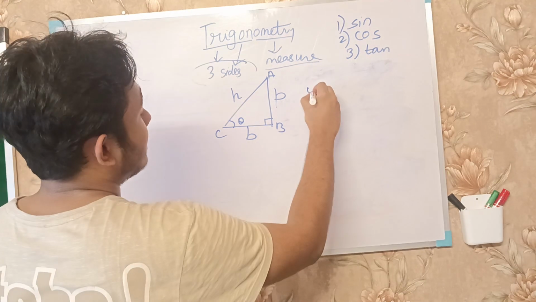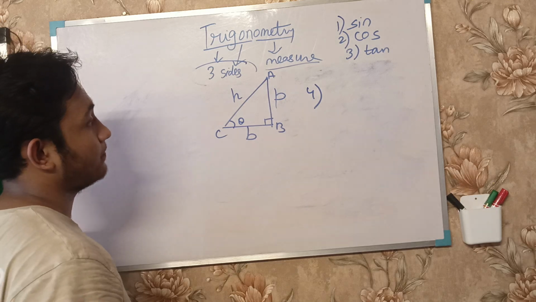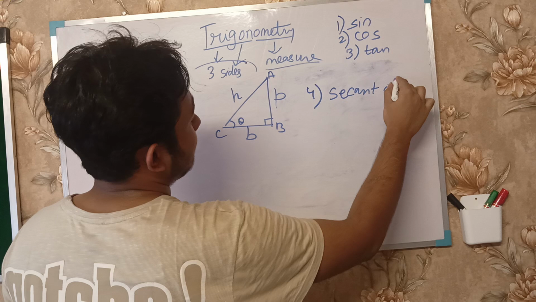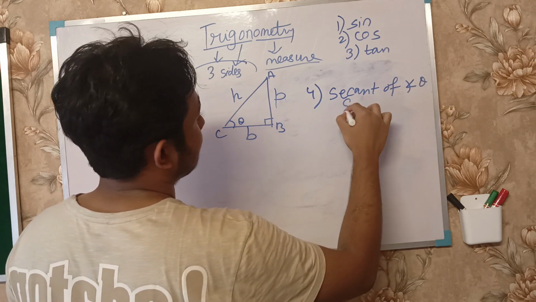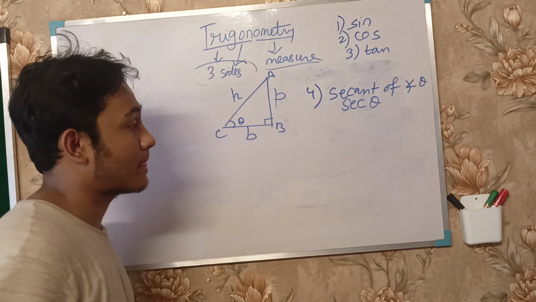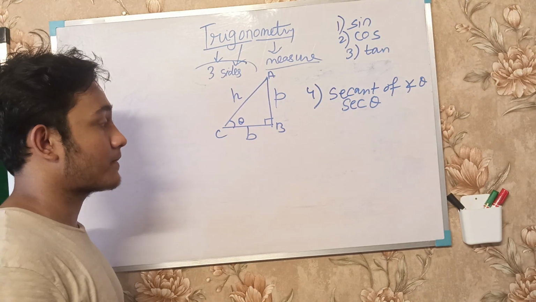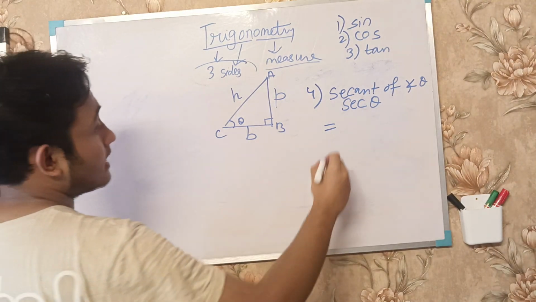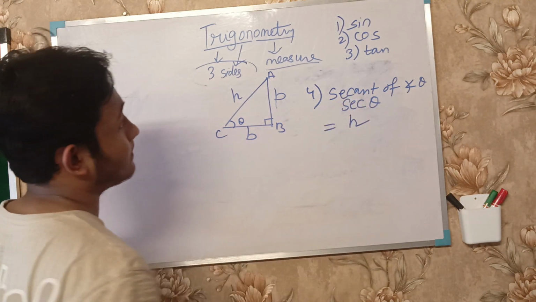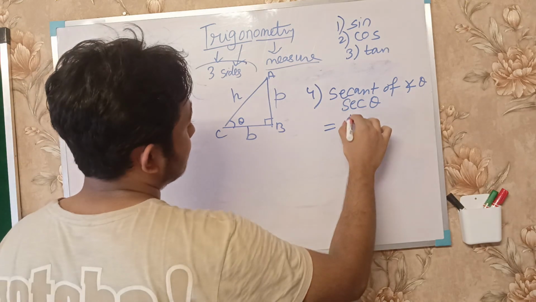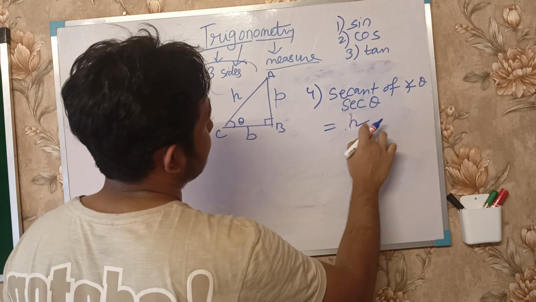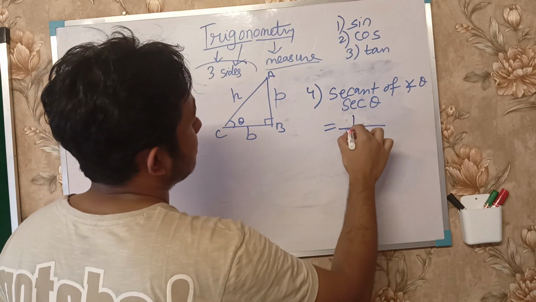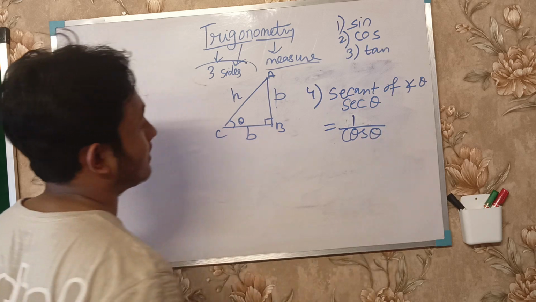Now we learn about secant of angle theta, which is also known as sec theta. Sec theta is equal to 1 upon cos theta.